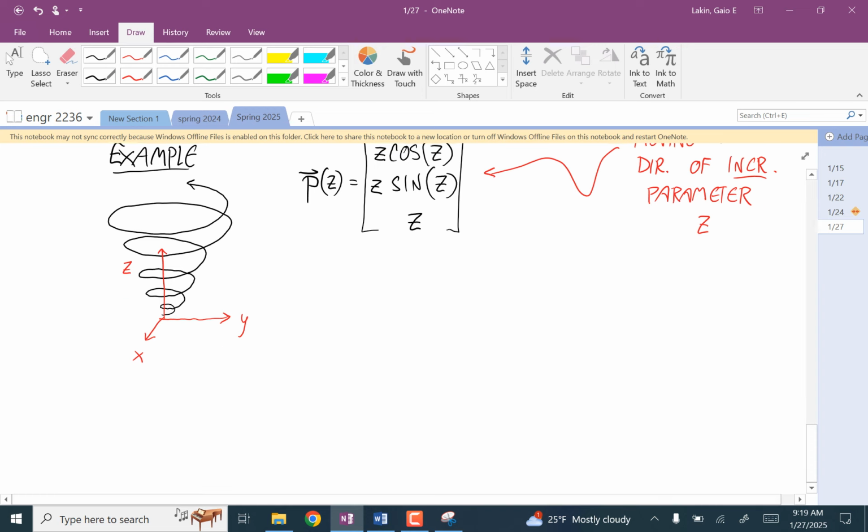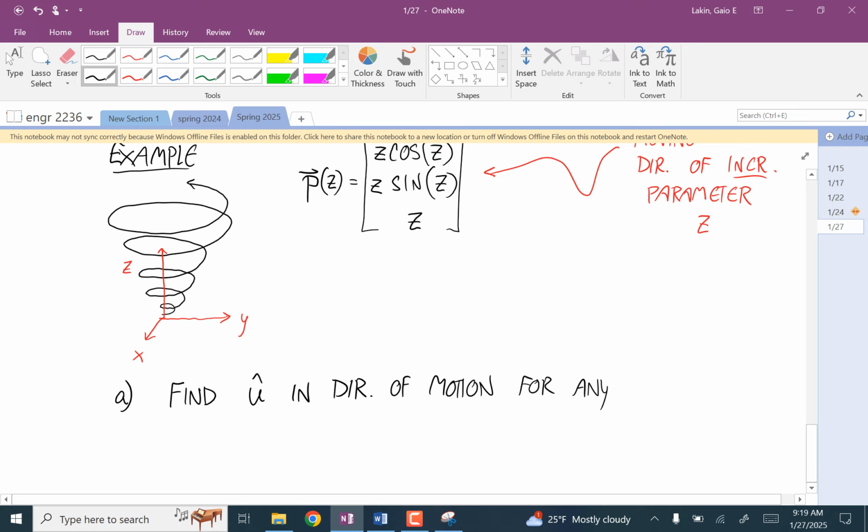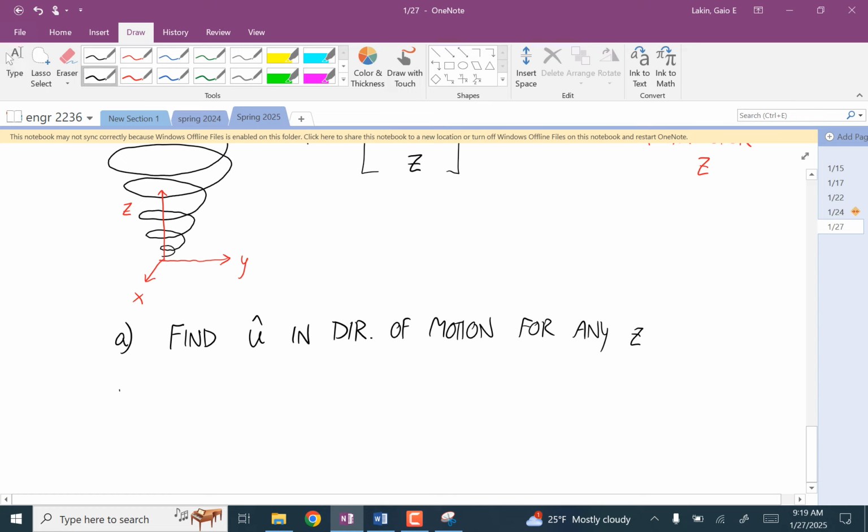Okay, and what we want to do is, let's say we first want to find a unit vector in the direction of motion for any value of z. Okay, then we want to use that to find the velocity as a function of z.